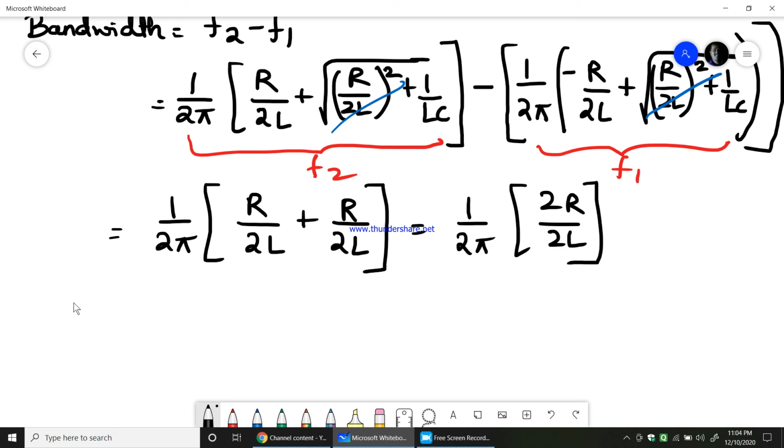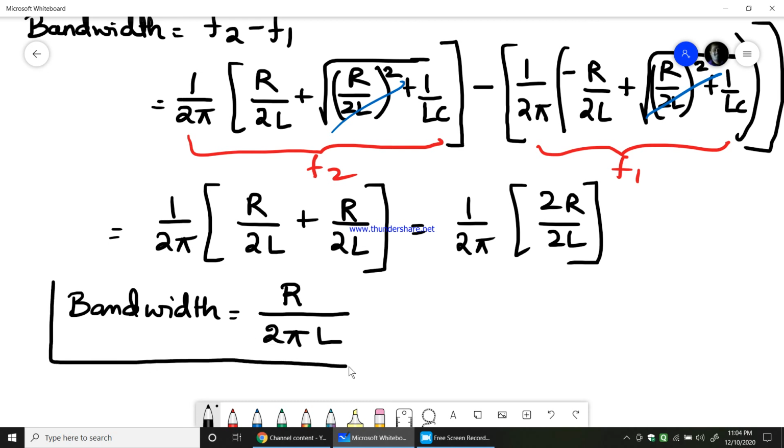Therefore, bandwidth is equal to r by 2 pi l. So this is another formula which we can use for bandwidth.